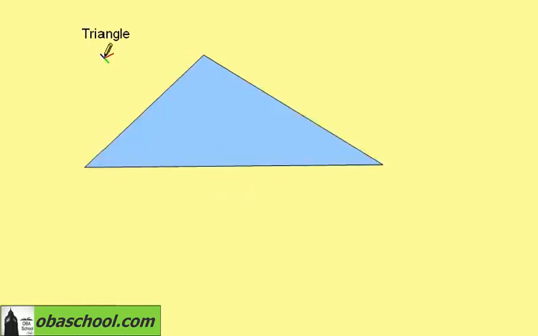A triangle, however, is more complex. If we take a line from a vertex to the midpoint of the other side, so it's at the midpoint, such a line is called a median. This is one of the median lines for this triangle.